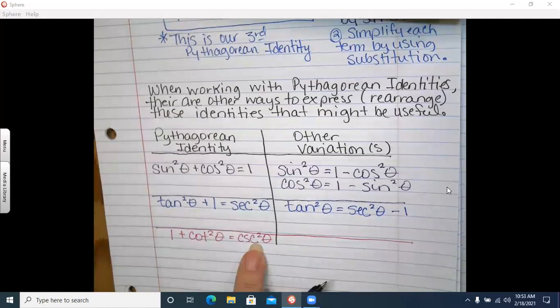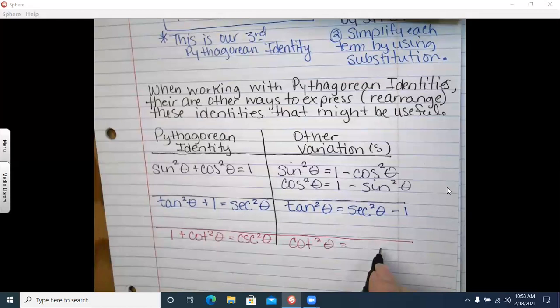Well, what if I wanted cotangent to be isolated? Cool, we just got to get rid of this 1. How would we do it? Subtract it. So I want cotangent squared of theta to be isolated. Subtract that 1, and that's either negative 1 plus cosecant squared of theta or cosecant squared of theta minus 1. Either way, same thing. Coolio?